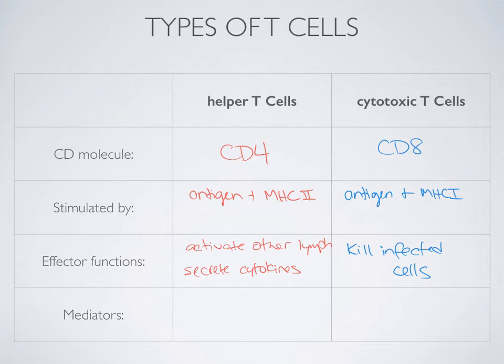And then we already said T helper cells mainly work through cytokines, although they also have those direct ligands to bind to other lymphocytes. And then the cytotoxic T cells, if you remember back at the beginning of the last lecture I talked about, they induce apoptosis through chemical mediators called granzyme B and perforin.